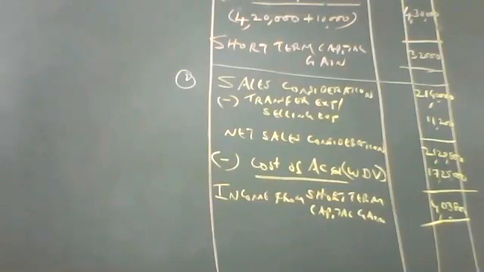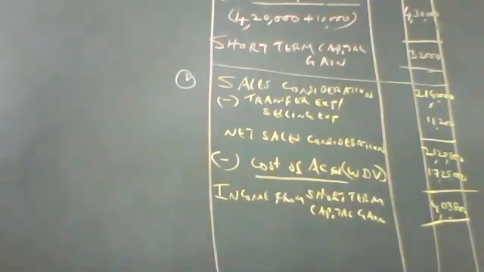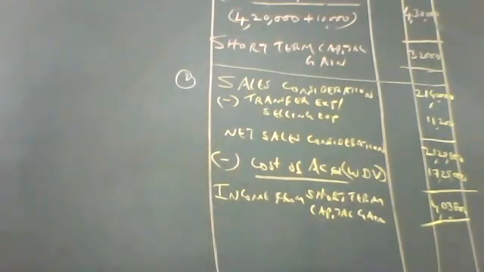On short-term capital gain from machinery, how do you calculate tax? How do you compute tax liability on short-term capital gain on sale of a machine?